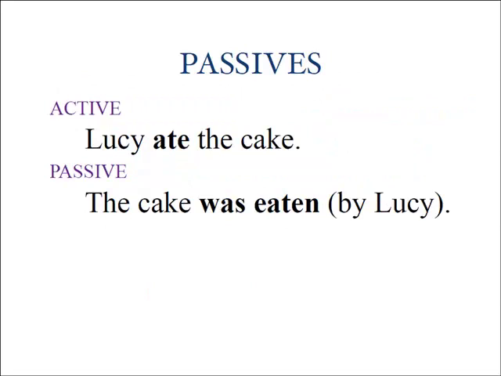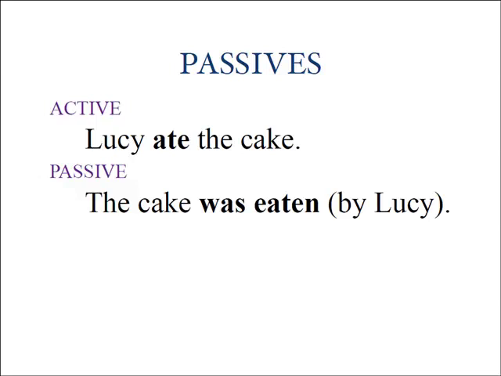So most of you probably know what actives and passives are, but just a little reminder, right? Active is kind of your canonical sentence, right? So something like subject verb object, right? Lucy ate the cake. And then we have a passive where we're switching around the subject and the object, essentially.